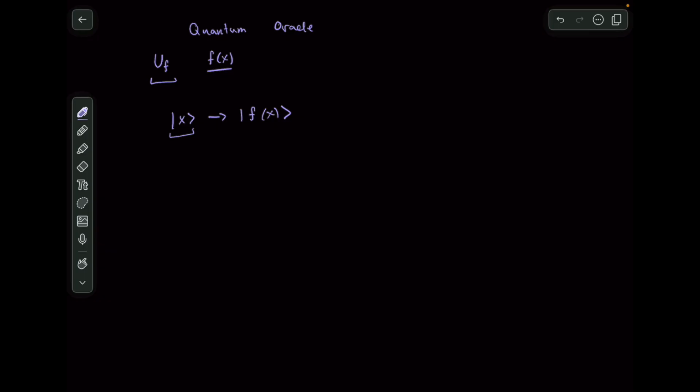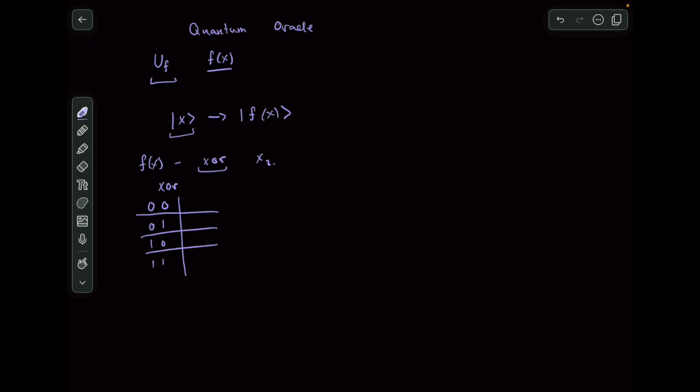Here's a simple example. Imagine f(x) is just computing the XOR logical operation on a binary bit string x with 2 bits. So this has 4 possible values for 2 bits. We could have 00, 01, 10, 11.